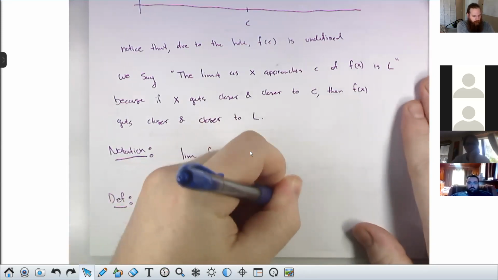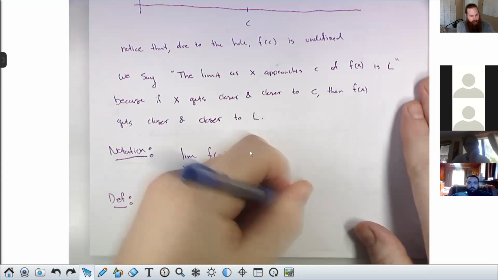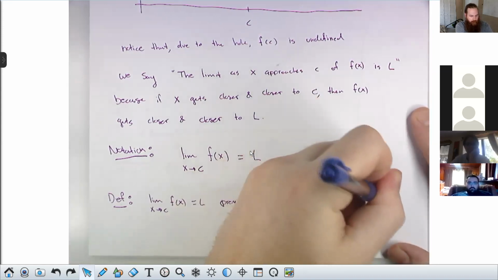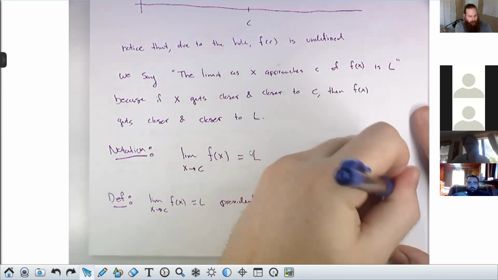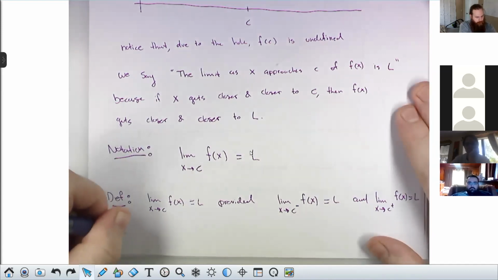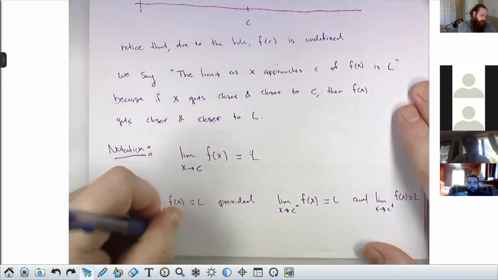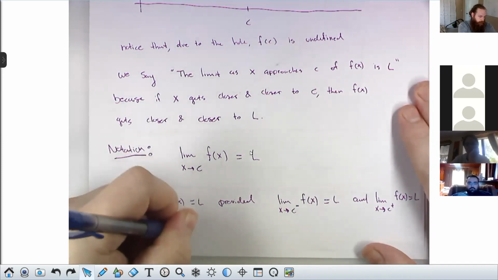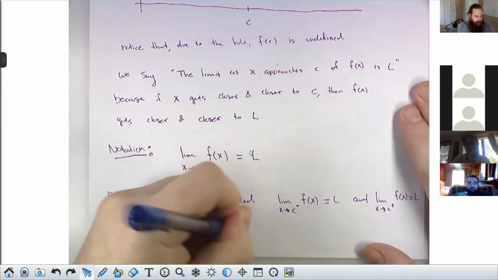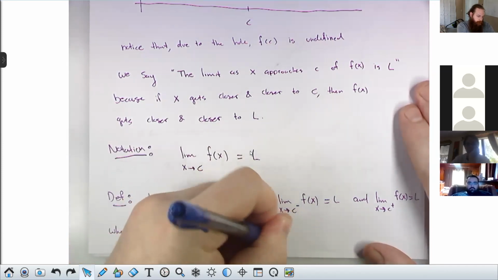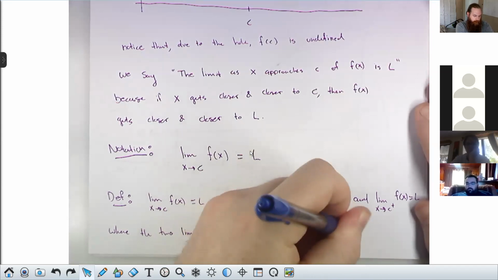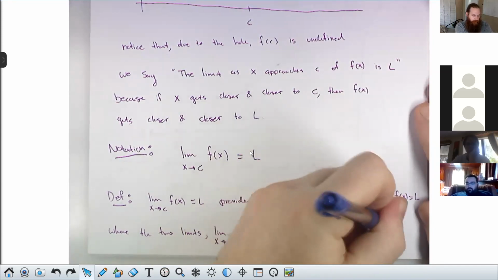Provided the limit as x approaches C from the left, and I'll explain the notation, equals L, and the limit as x approaches C from the right of f of x equals L, where the two limits lim x to C minus f of x and lim x to C plus f of x are called one-sided limits.